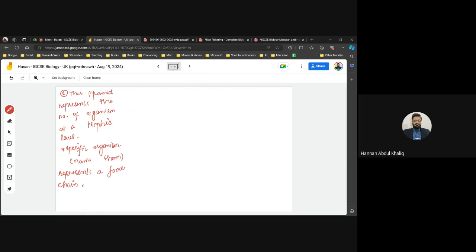Okay, let me give you an idea. When we drew the food chain, we were drawing one organism at one trophic level, like the grasshopper, sparrow, then hawk. In a food chain, we represent only one organism per trophic level.